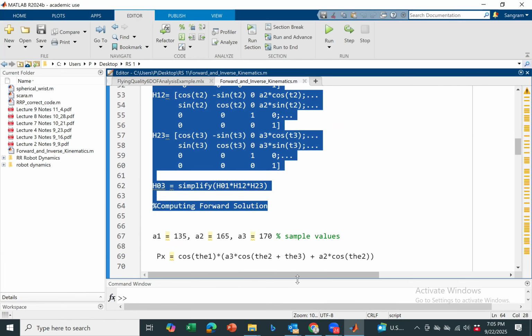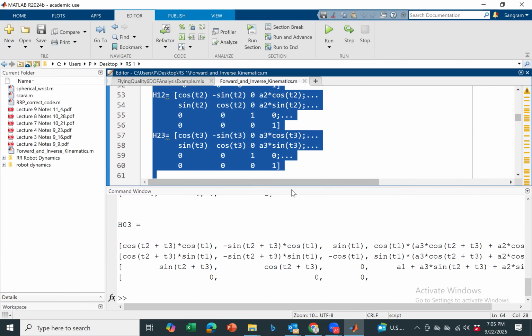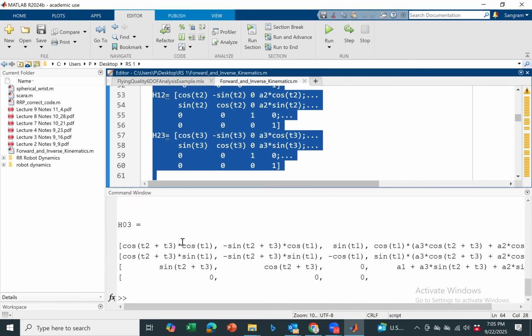And when you run the forward kinematics solution, the first part, first 3x3 matrix, defines the relative orientation between the frame 0 and frame 3.